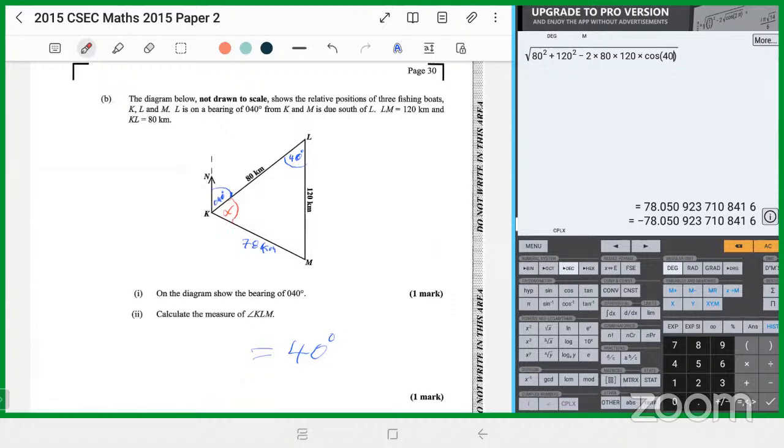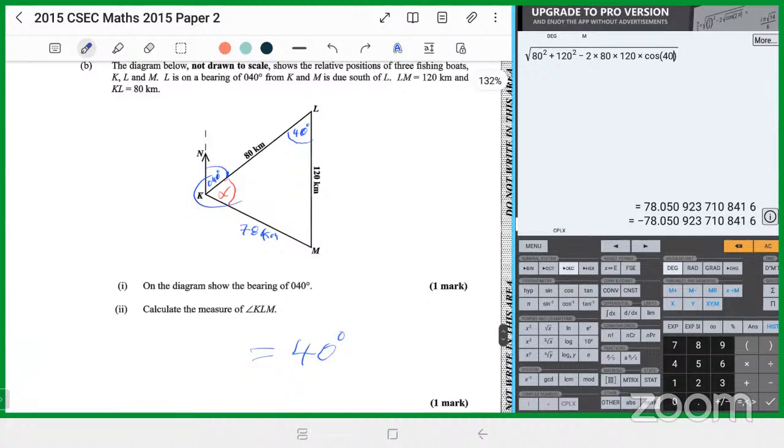Not cosine rule, sine rule. We have a known pair opposite each other, angle and side. So sine rule to find this angle.